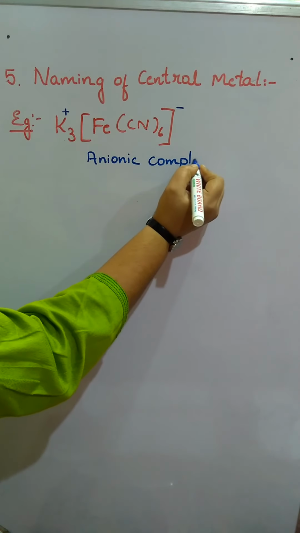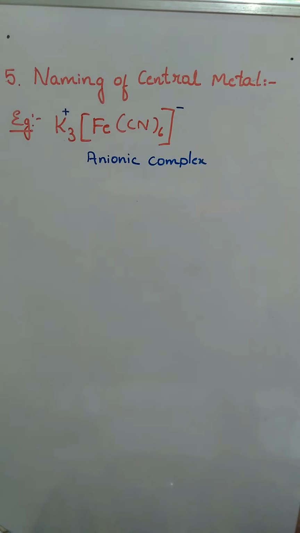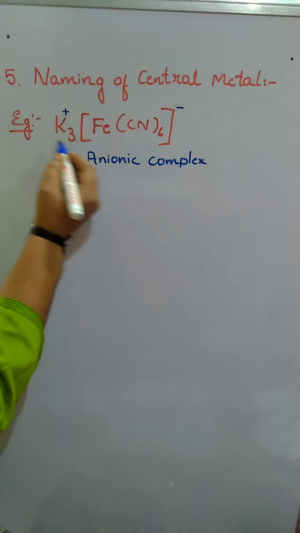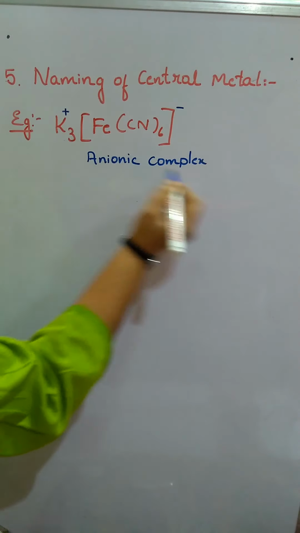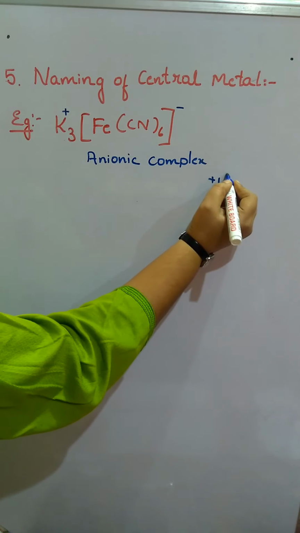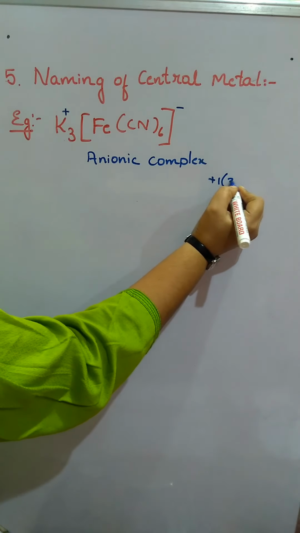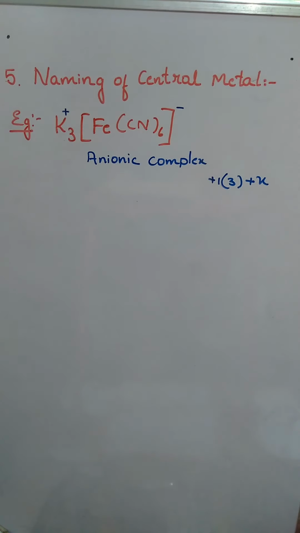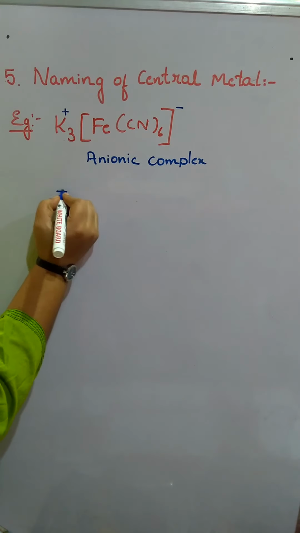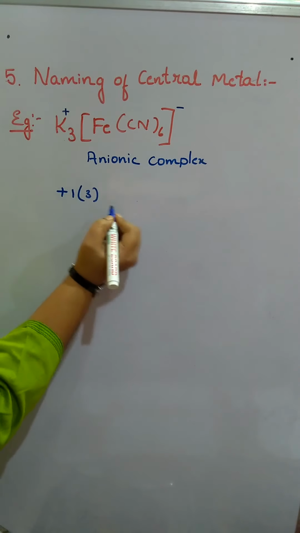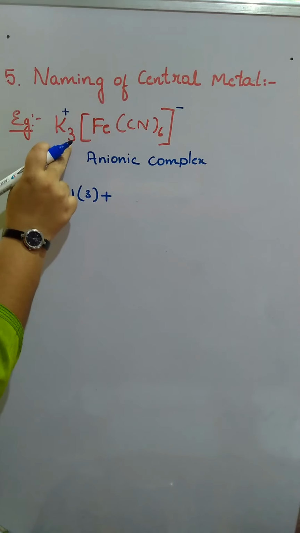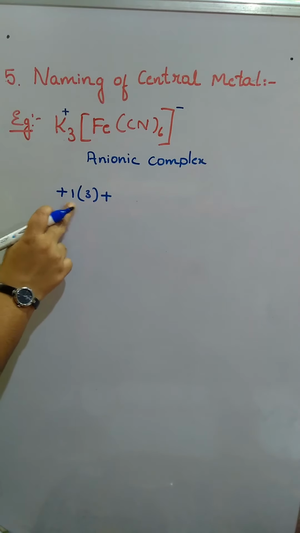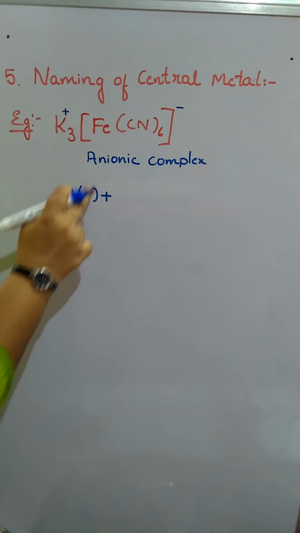Anionic complex. Before writing the name, we shall calculate the oxidation state of iron here. First, we'll start with potassium. It is plus 1 as the charge and 3 potassium atoms are there.